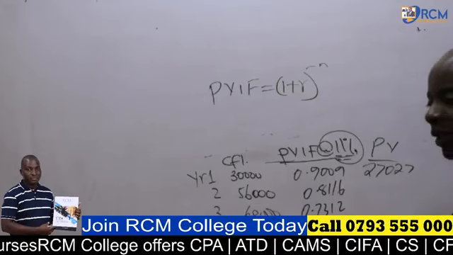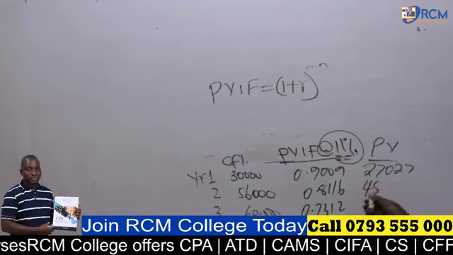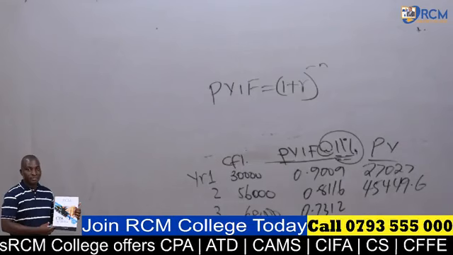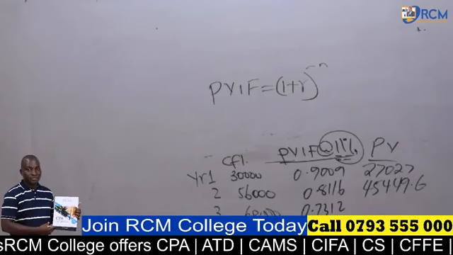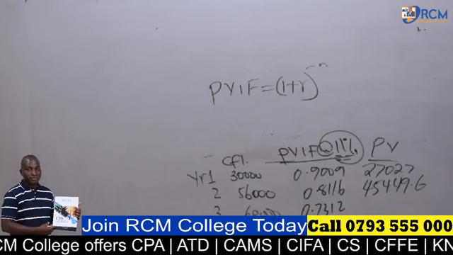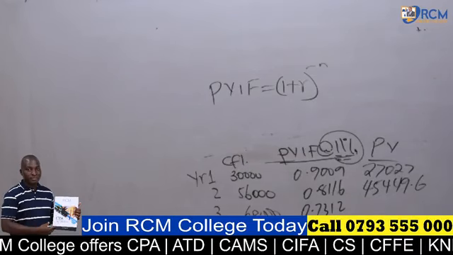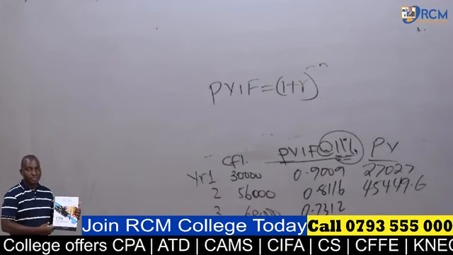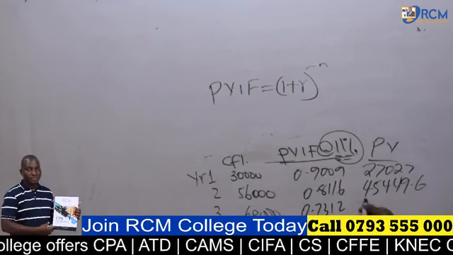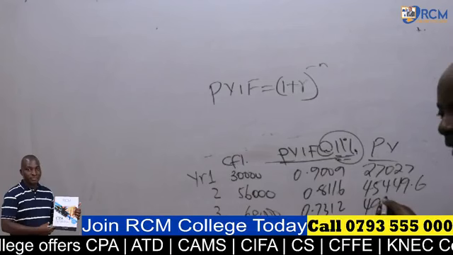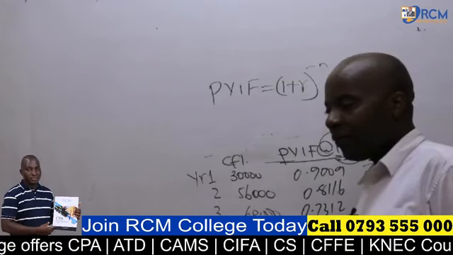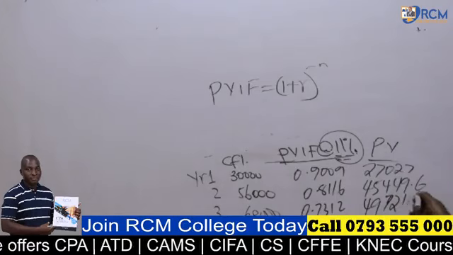The second one is 45,449.6. How about the third one? The third figure is 49,721.6.